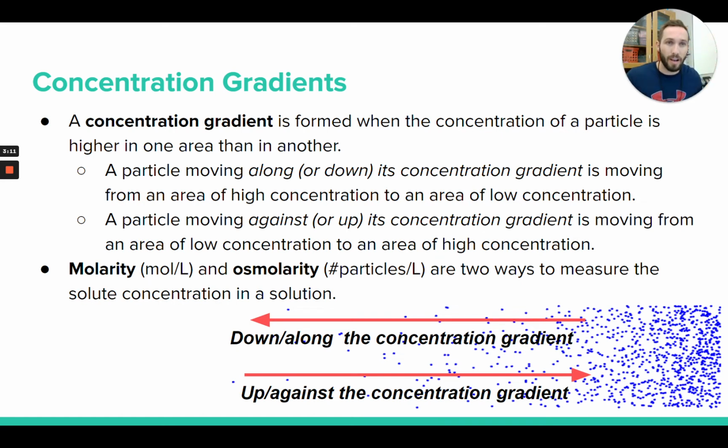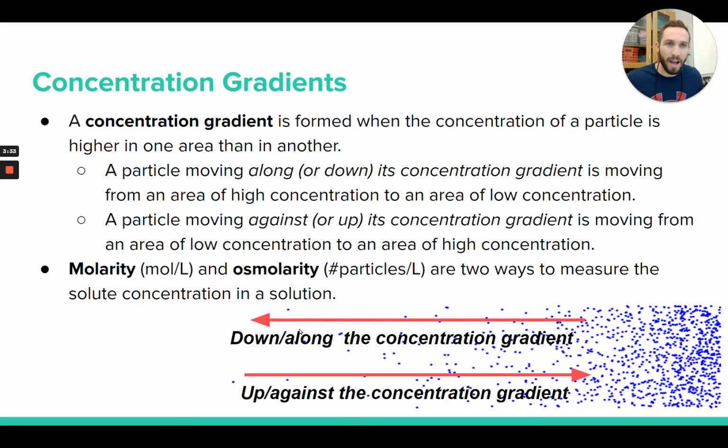Now, if a particle is moving, we could say that a particle is moving down its concentration gradient, or that it's moving along its concentration gradient. When we say a particle is moving down or along its concentration gradient, what we mean is that that particle is going from an area of high concentration to an area of low concentration, like this picture is showing here.